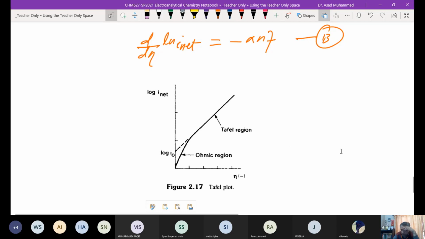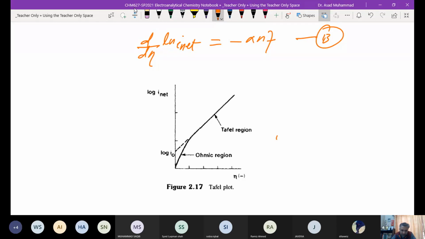So are we back? Yes, we are back. So again, now you can see that here we have a Tafel region and we have an ohmic region over here. This is the plot between the current and the overpotential.